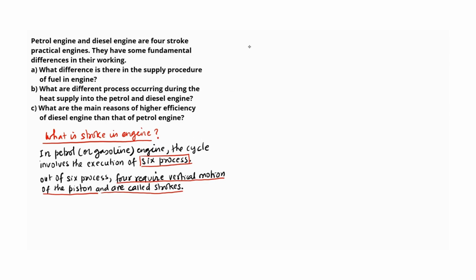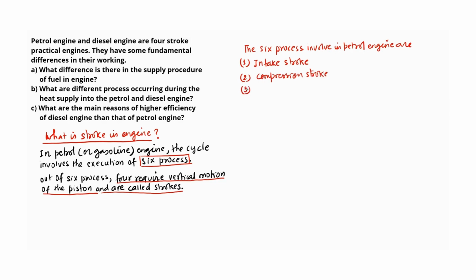The 6 processes involved in petrol engine are 1, intake stroke, 2, compression stroke, 3, combustion, 4, power stroke.